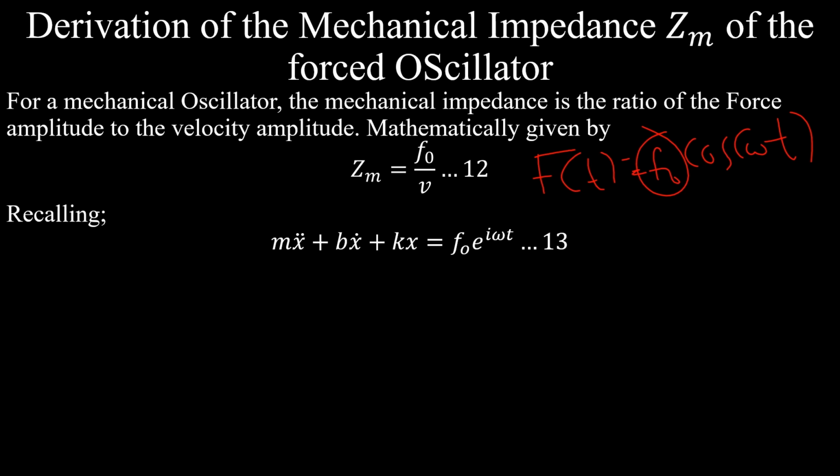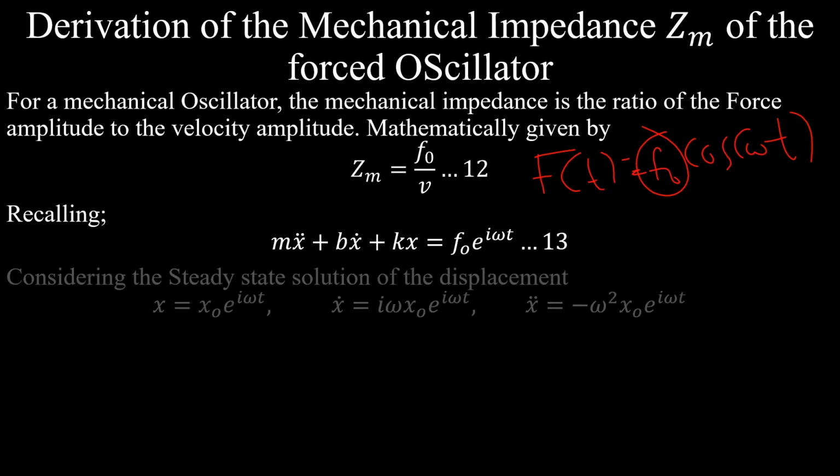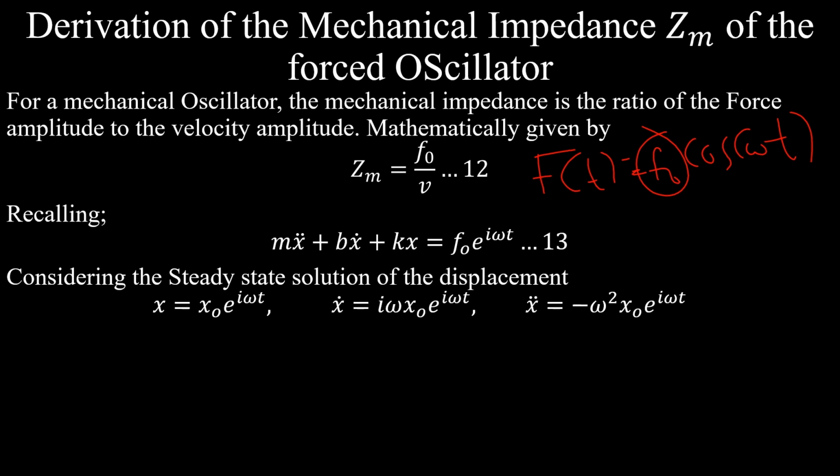So we can derive the mechanical impedance by first of all recalling our forced harmonic oscillator equation of motion. And the steady state, remember, x the displacement for our steady state, x of t is equal to A of omega cosine of omega t plus phi.